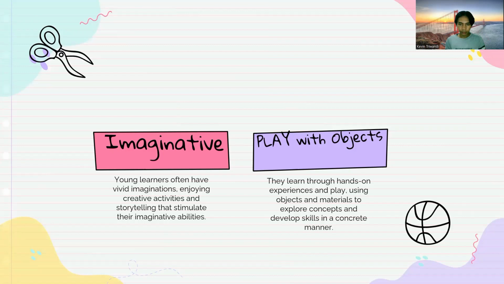For example, we can ask them to bring some items to school and make them go forward one by one in the classroom and explain about the object that they hold.